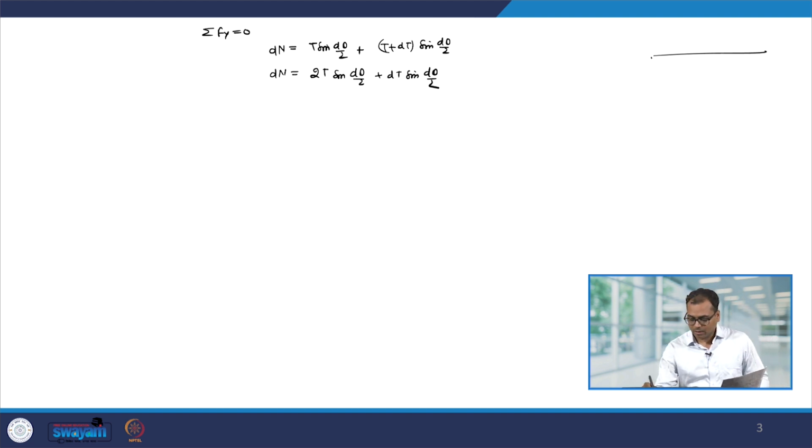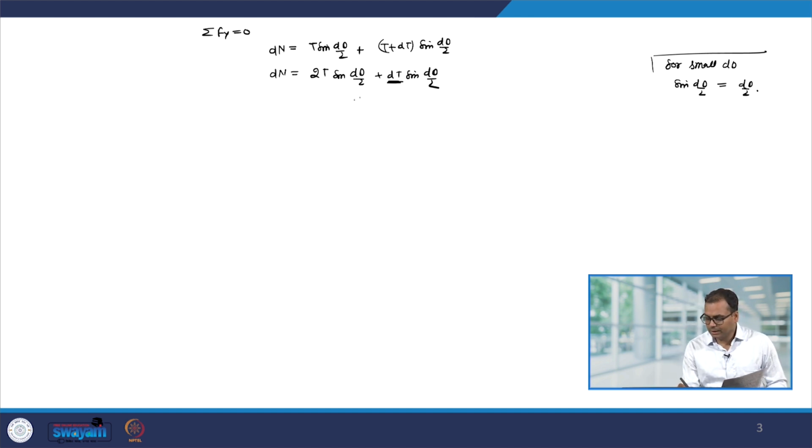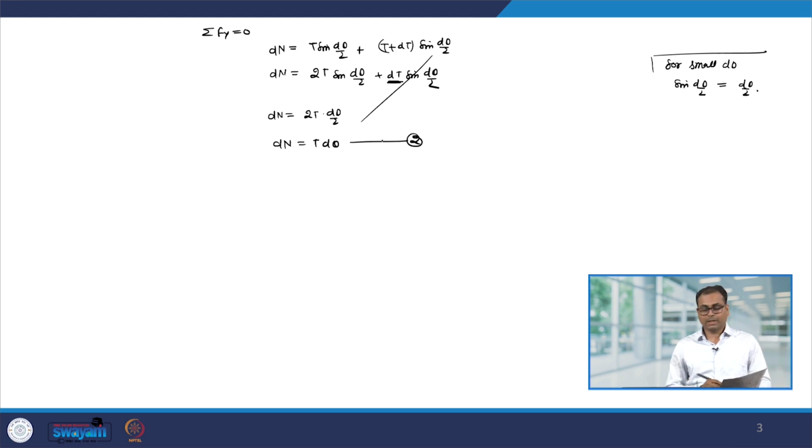For small d theta, sin theta becomes theta. So, sin d theta by 2 will be d theta by 2. Here I have a dT term and a d theta term, and both are very small. Therefore, their multiplication will be even smaller, and we can neglect it. We have dN equal to 2T into d theta by 2, or dN equal to T d theta. Let us call it equation number 2.